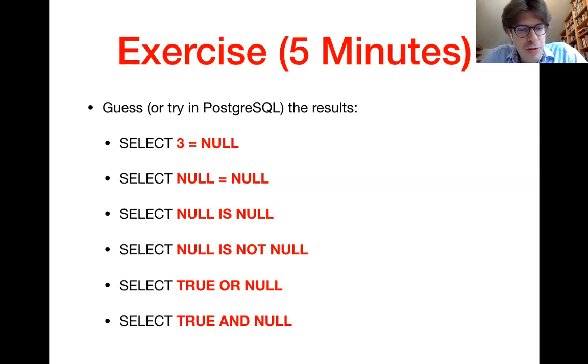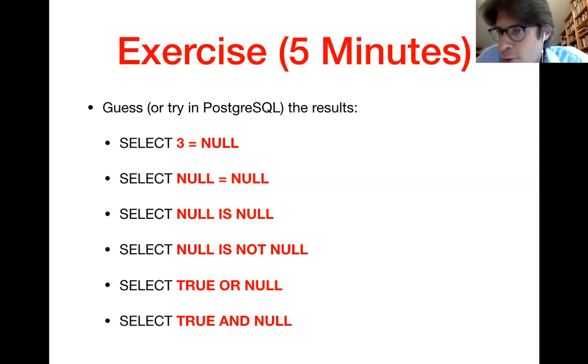So, okay. Now maybe you had a little bit of time to try out some of those examples. I believe it is relatively quick to try because you don't need to type a lot. And yes, we have already discussed the first one. The second one is also null as a result because we are essentially asking, is one first unknown value the same as one second unknown value?